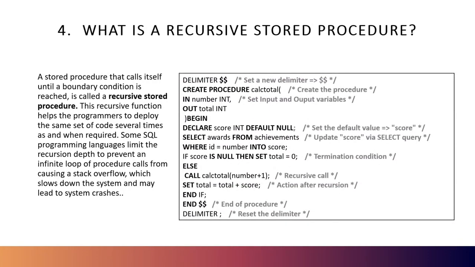It will keep going in a loop until it meets the specific condition we have given. In the example, as you see, we have created a procedure and it calls itself again and again until the total number plus 1 condition succeeds. So it keeps repeating in the loop.